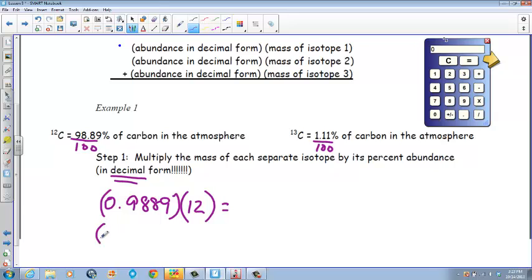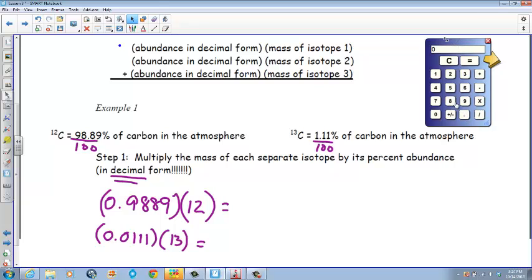And then for the second isotope, we're going to do 0.0111 times 13, because that would be the mass number. We don't have the actual mass of the isotope. All right, so let's go up here to our calculator, and we can do 0.9.